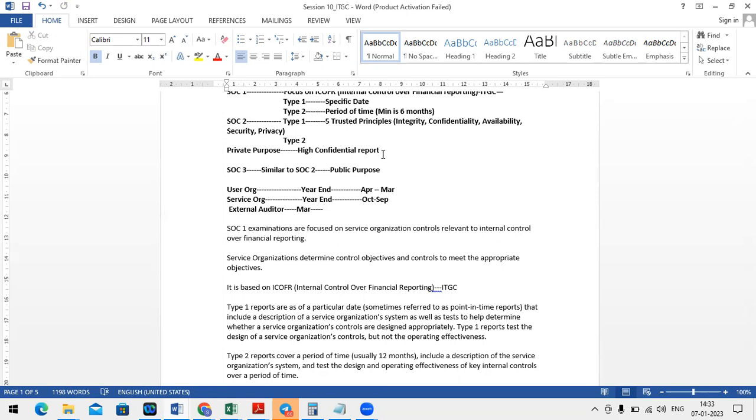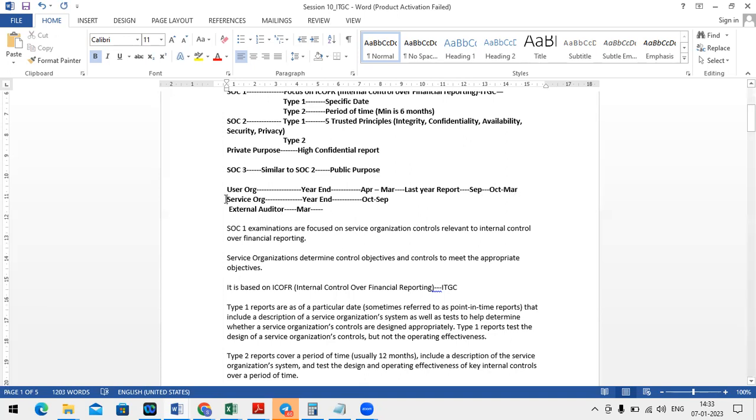Then what I will do as a user organization is take last year's report, which was given to me somewhere in September. So I'll consider that report. And now the question is the details from October to March, 6 months.